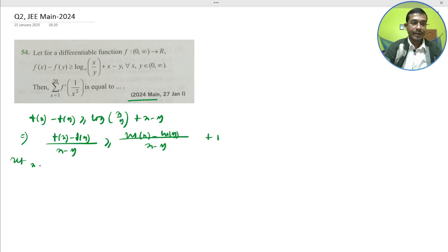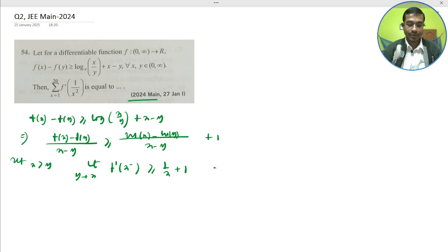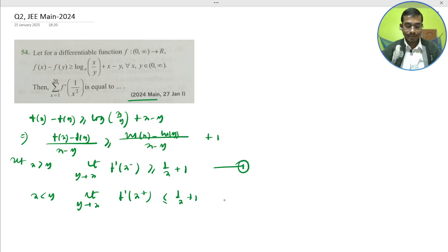Let x be greater than y. So limit y tends to x, f dash x negative is greater than or equal to 1 by x plus 1. This is equation number 1. And for x less than y, limit y tends to x, f dash x positive is less than or equal to 1 by x plus 1.